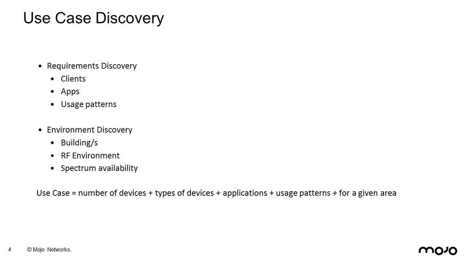We're calling those requirements for that particular space a use case. In the use case, we have to find out about the clients, the applications, and the usage patterns, and we're going to need those to do our little calculation. We also need to know about the building, the size of the space for the use case, and if there's any obstruction in the area, which will affect attenuation and so on.